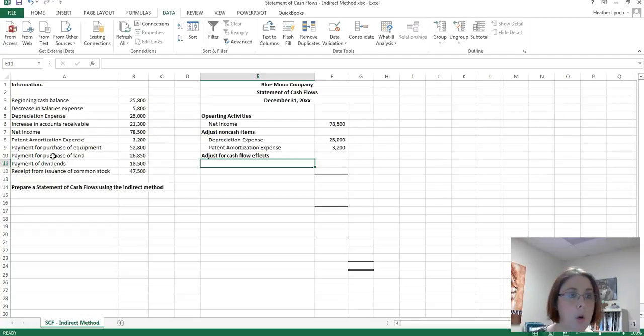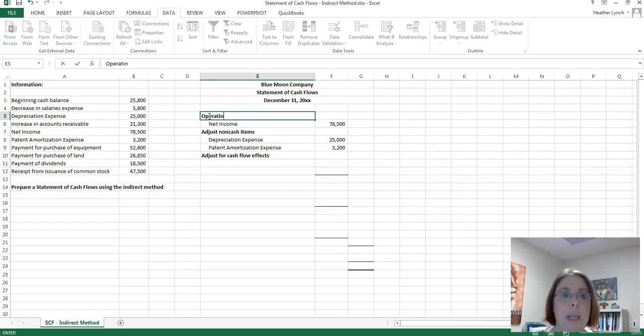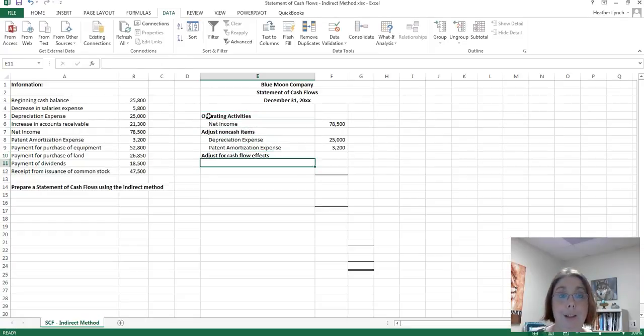The first one, we're going to look at anything operating, anything that relates to the daily operation of the company. I just realized I have a spelling error there, and that's going to drive me nuts. Okay, let's go back. Cash flow effects of operating, anything that affects the daily operation of the company.